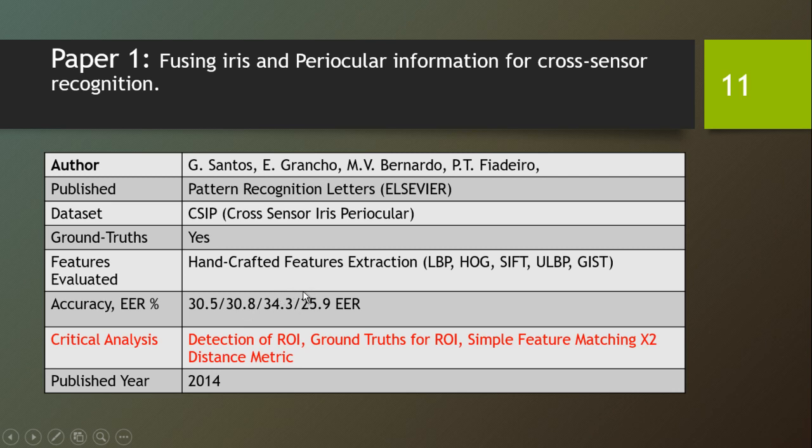I have performed a critical analysis on this paper. They didn't perform the detection. The claim that identification is happening based only on periocular was less certain. Simple feature matching with chi-square distance was used. The paper was published in 2014.